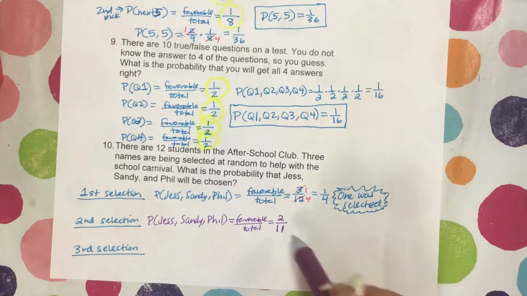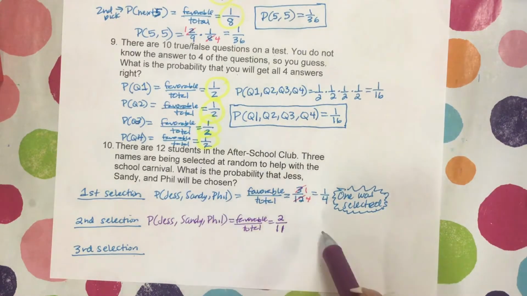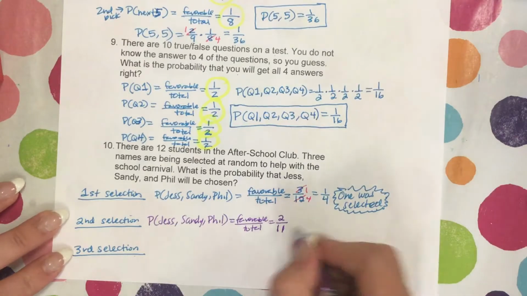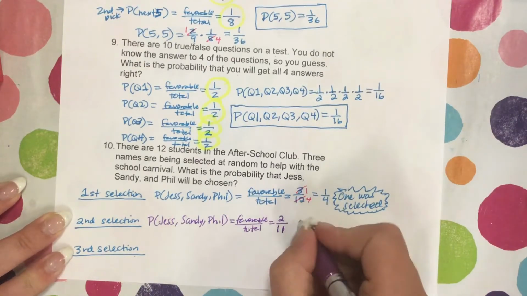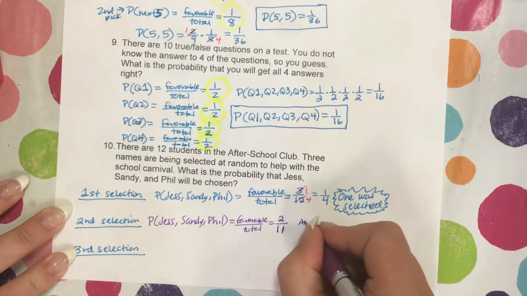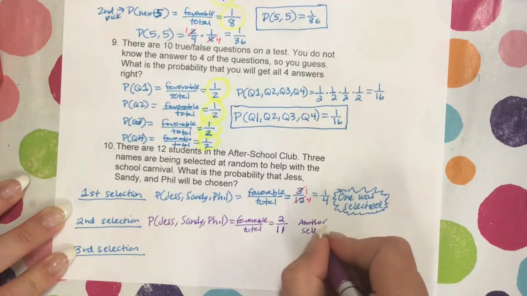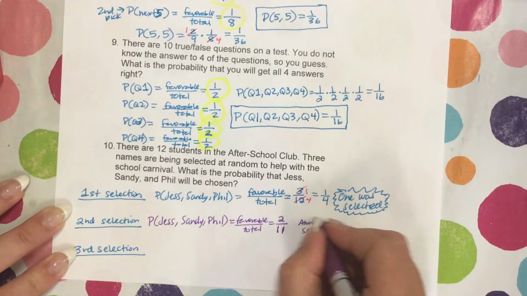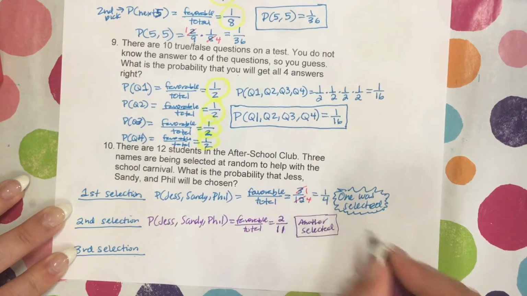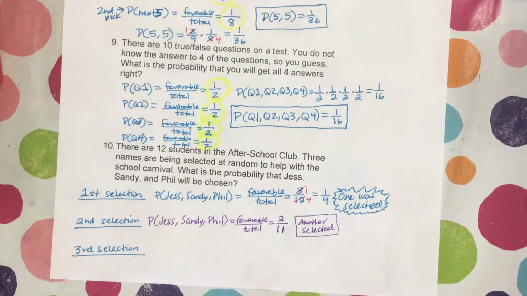And so that would be our probability. And so what's key on this one is that another one of these was selected. Okay, so then we go down to the third selection.